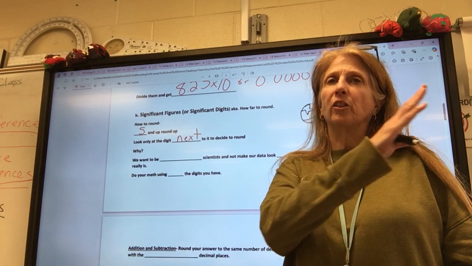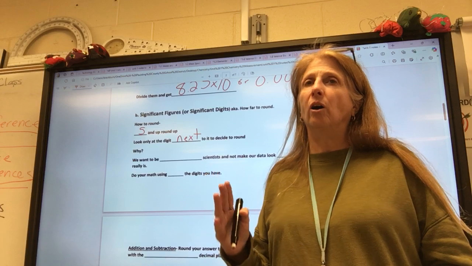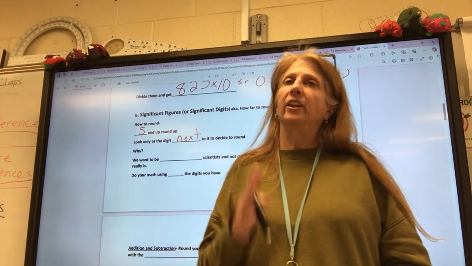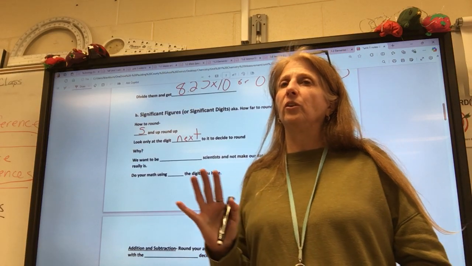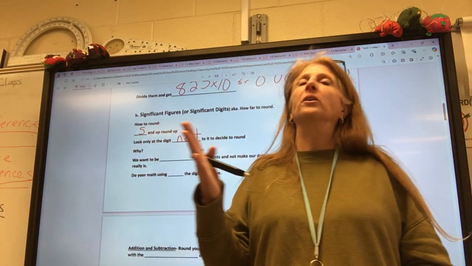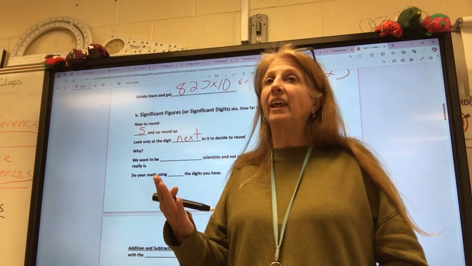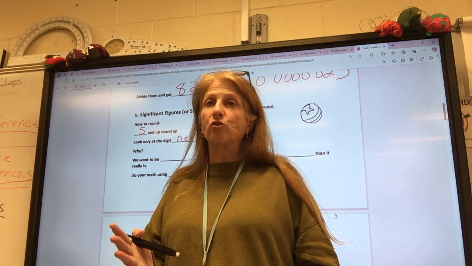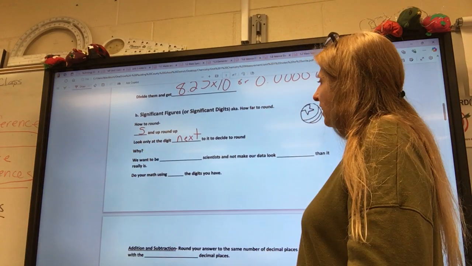They have you look at the very beginning to round, go all the way over. You don't. You only look at the number next to where you're rounding to. So if you're rounding to the tens, you only look at the ones. If you're rounding to the tenths, you only look at the hundredths. Are you following what I'm saying? Okay, you only look at the digit next to it.